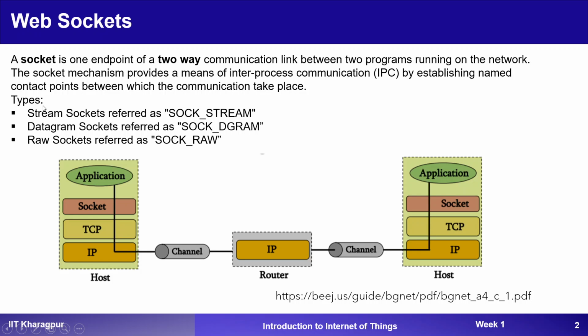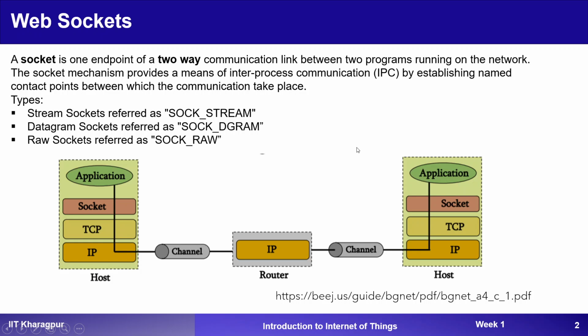So stream socket is the socket which we use in order to make communication which is reliable, that is with the help of TCP. Datagram sockets are the sockets which we use when we are going to use the protocol UDP. And third one is the raw socket. So raw sockets are created when we are going to use the protocol ICMP.